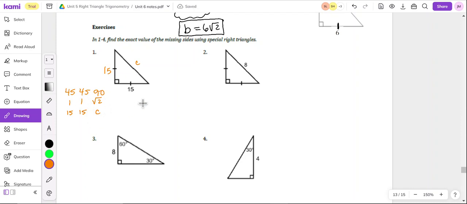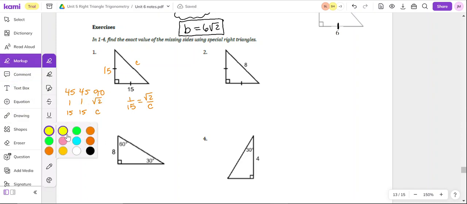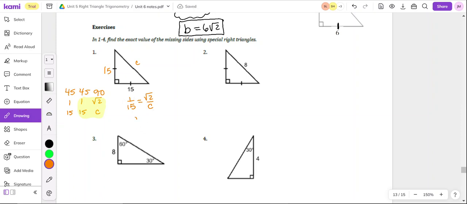All right, so you set up the proportion that you're going to solve. 1 over 15 equals radical 2 over C. Which is basically, let me get highlighters, start cross multiplying, which is basically those two, right? Cross multiplying, C equals what? There you go.